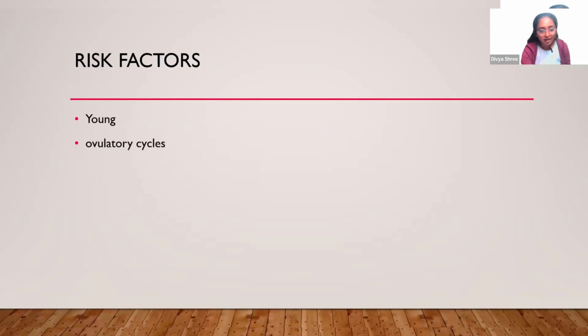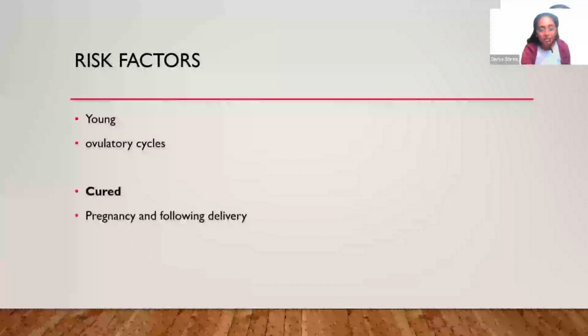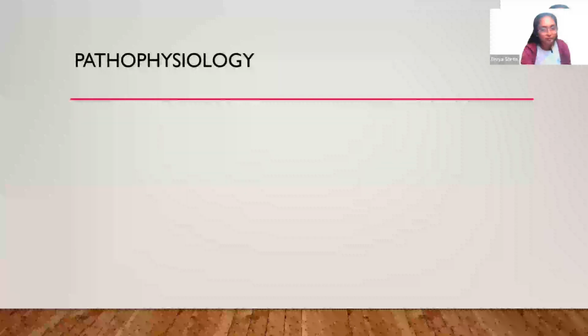The risk factor is young age, and it usually occurs in ovulatory cycles. As I told you, progesterone withdrawal is needed to release these prostaglandins. It is cured following pregnancy and delivery, as the circular muscle fibers around the isthmus of the cervix are destroyed following pregnancy and during delivery.